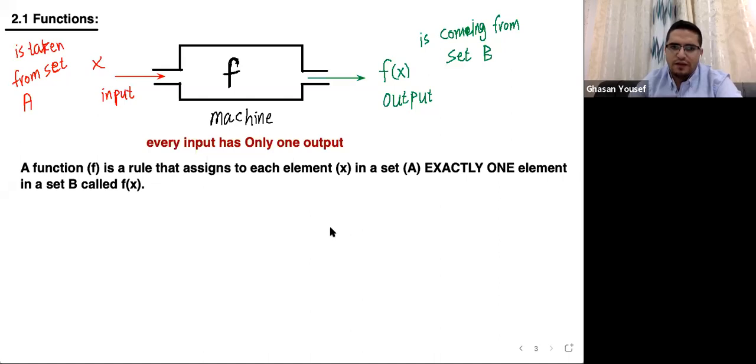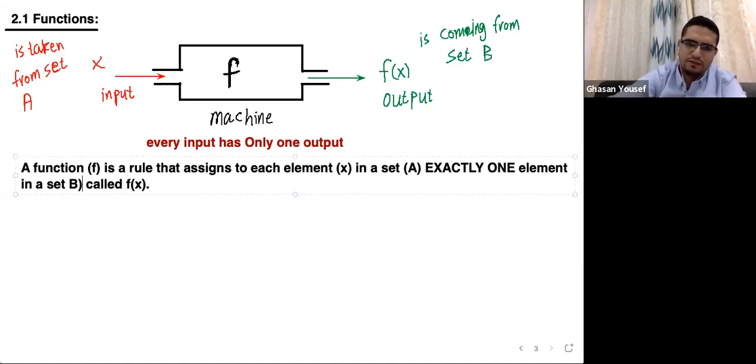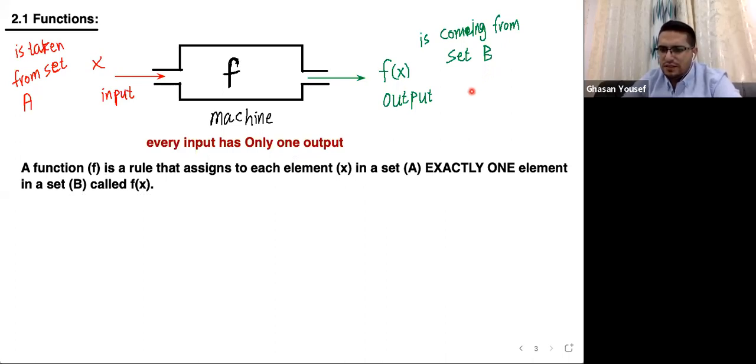So what is the meaning of set A and set B? Like x coming from the set A and f of x coming from the set B. Did you hear about the relation between two variables, like output and input?